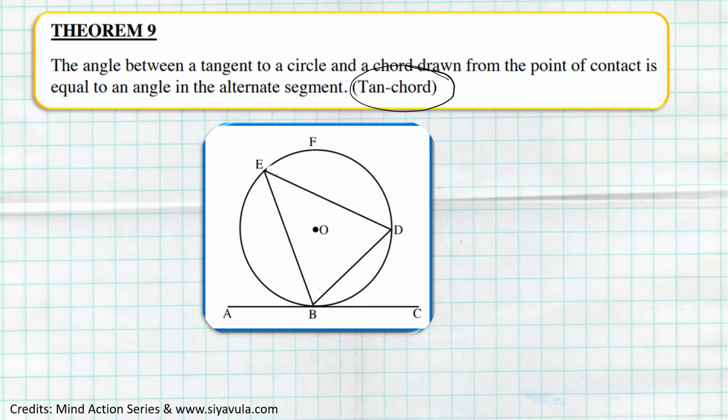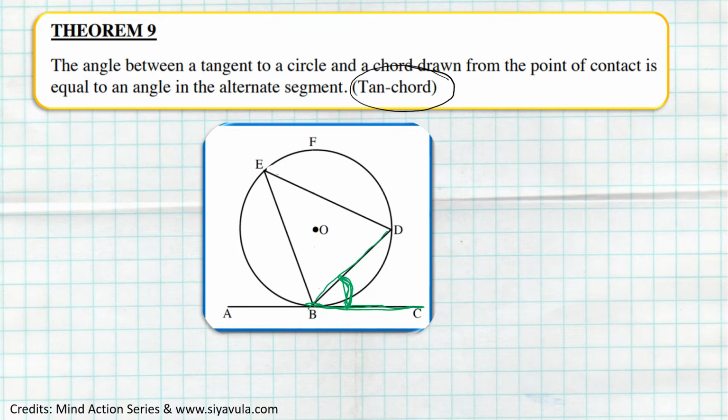Okay, let's look at our tangent. If we are given that ABC is our tangent, then we know that BD is the chord. So the angle between the tangent and the chord, this is the angle. Can you see?